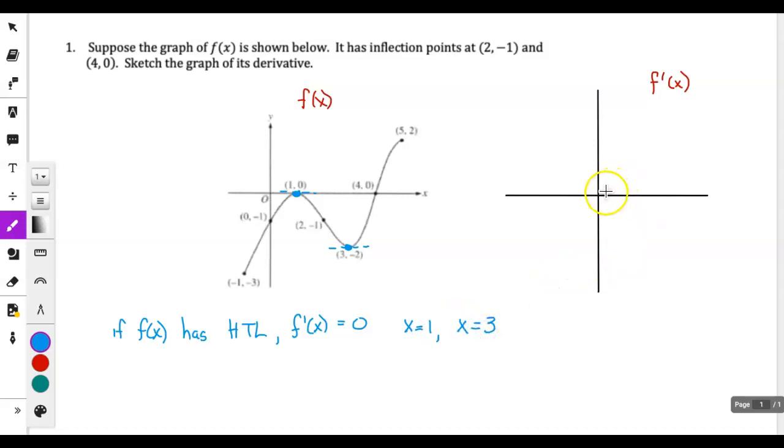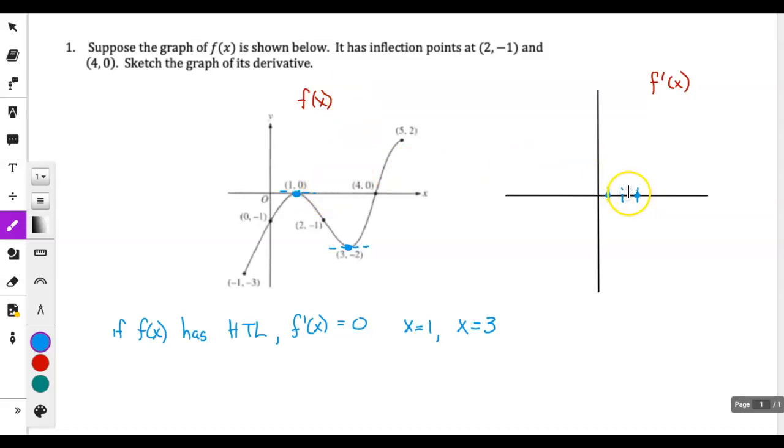So I can go over here to the graph of my derivative, and I can put x-intercepts at 1 and 3. So the first thing I would do when graphing a derivative from the original is look for horizontal tangent lines on the original and then make those x-intercepts on the derivative.